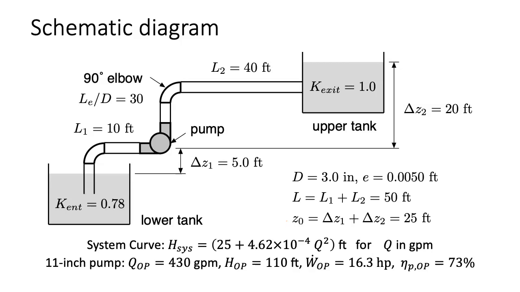Note that this data was used in Example 19 for Part A to find the system curve and for Part B to find operating conditions for the 11-inch diameter pump, as shown. Note that the scaled flow rate we are using for this problem corresponds to the operating flow rate for the 11-inch diameter pump.